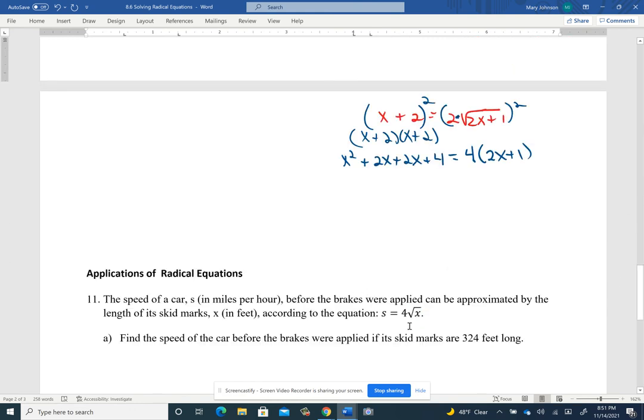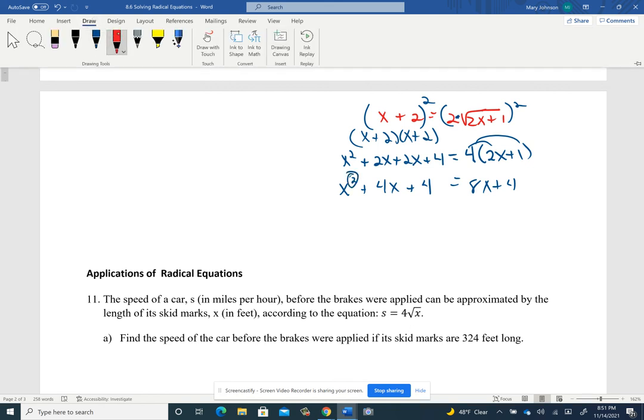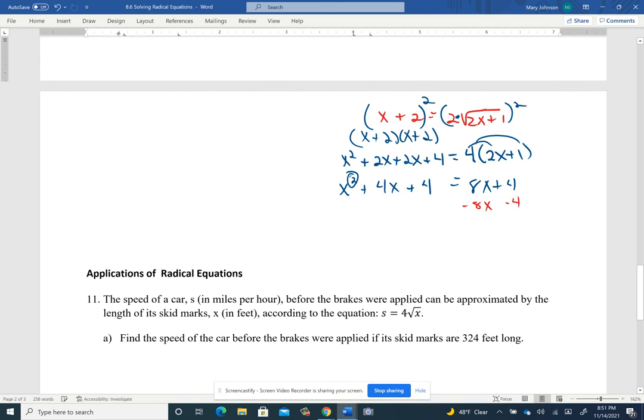Okay. All right. So at that point, I would go ahead and distribute and get an 8x plus 4. Over here, x squared plus 4x plus 4. It's still quadratic, so I'm going to move the 8x and the 4 over to get a 0.